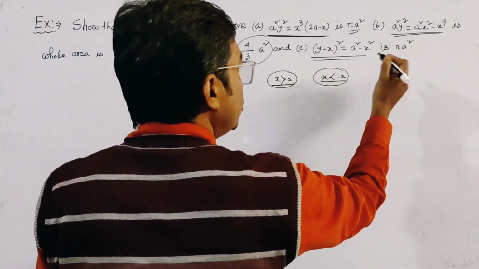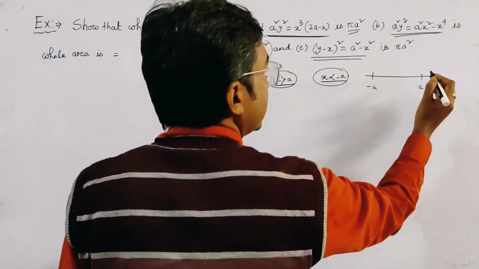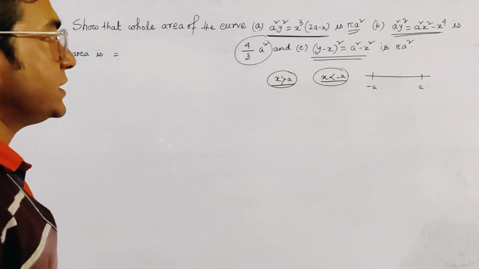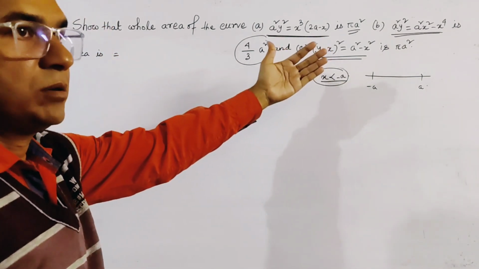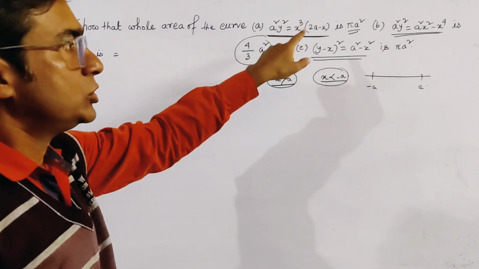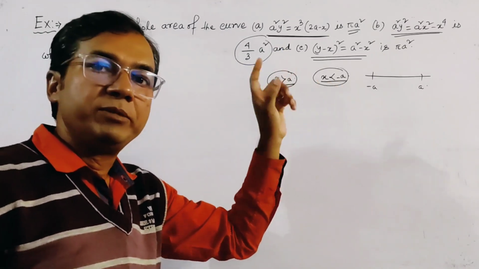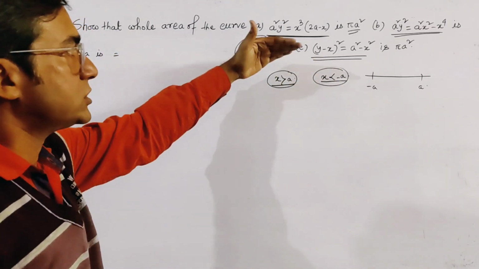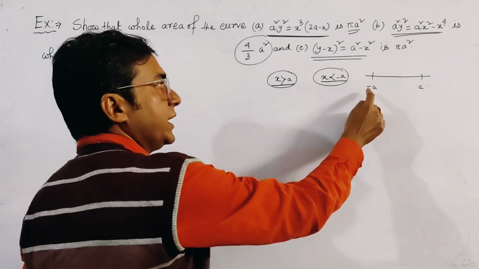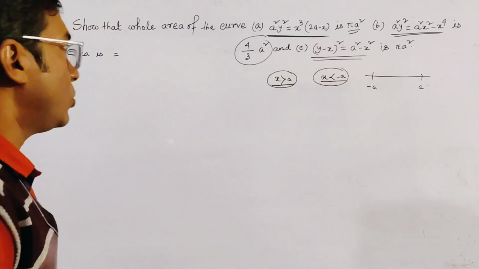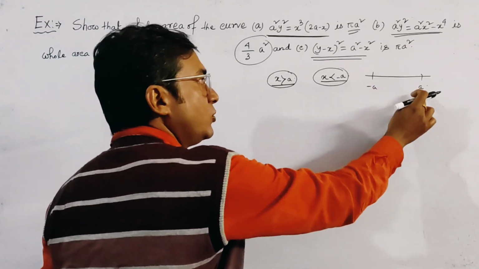So the range of integration must be from minus a to plus a. This is not symmetric about the x-axis or y-axis, because it is not the same if we put minus y in place of y, or minus x in place of x. But the curve lies within minus a to a, so our range of integration is from minus a to a.